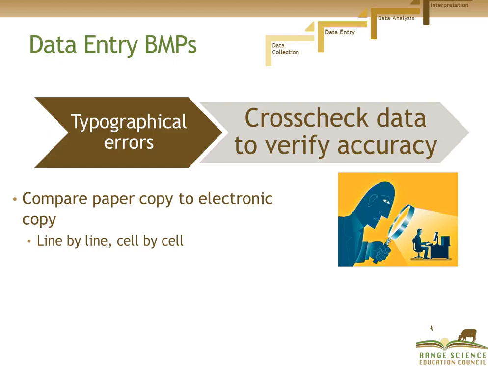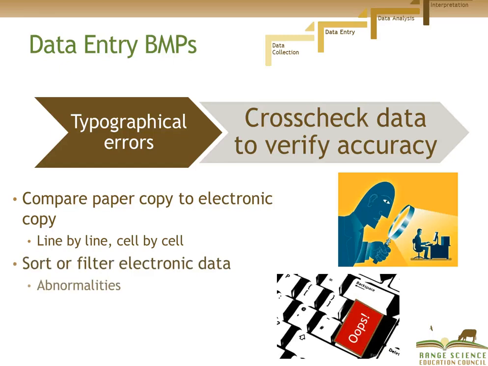It can be time-consuming, but it helps us to find errors. Another thing that we can do is sort or filter our electronic data and look for abnormalities in the data, extreme values or outliers, and unusual formats. These help us to identify mistakes.